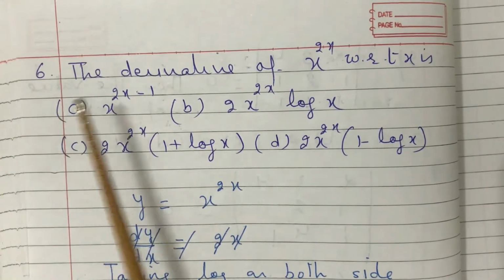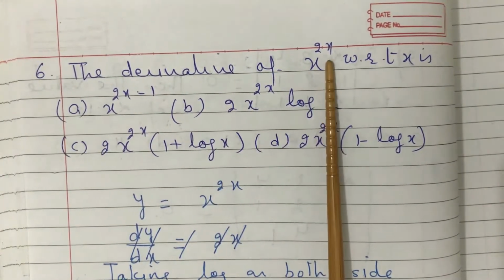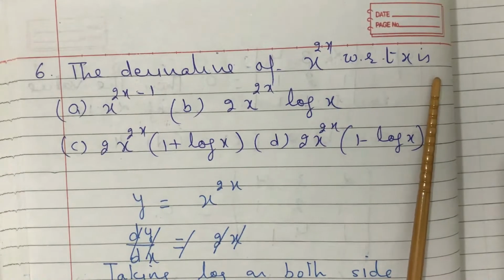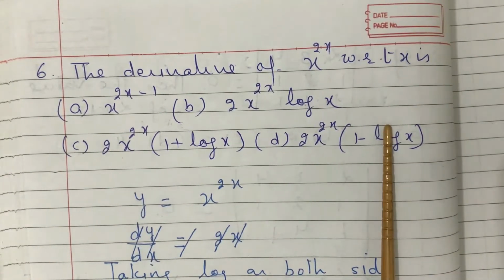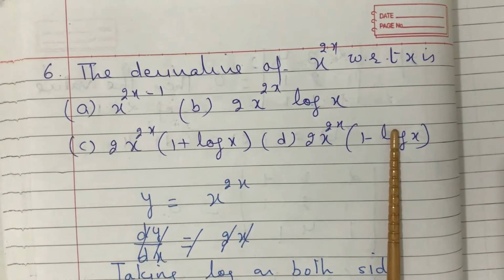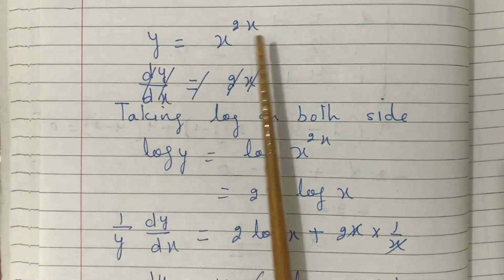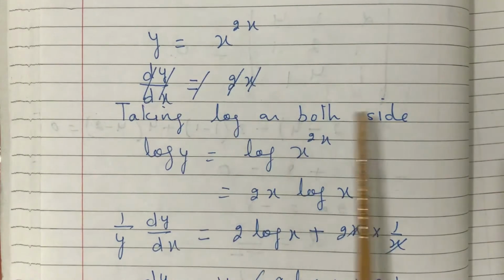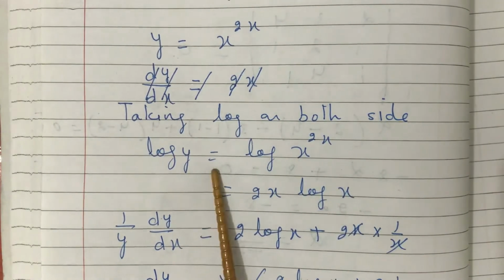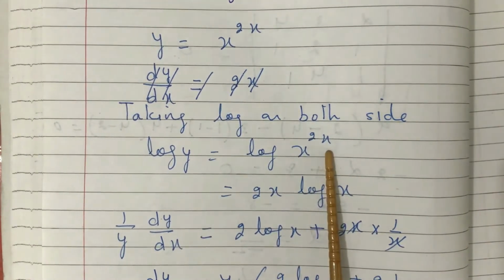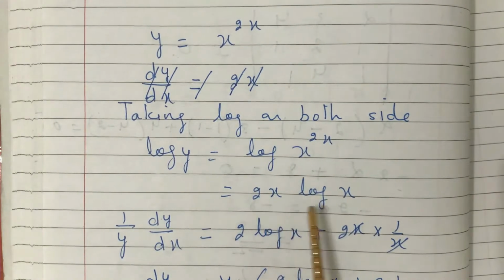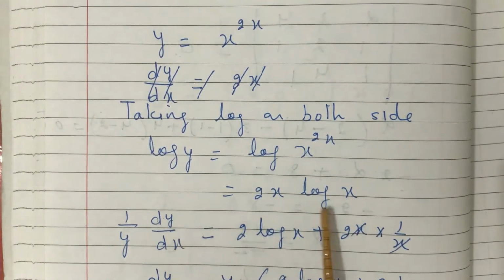Now the sixth question: the derivative of x raised to power 2x with respect to x is, again 4 options are given to us and we have to find the right one. Now this is the question. Now y is equal to x raised to power 2x, taking log on both sides. So we will have log y is equal to log x raised to power 2x, and this can be written as 2x log x. Now differentiate both sides.